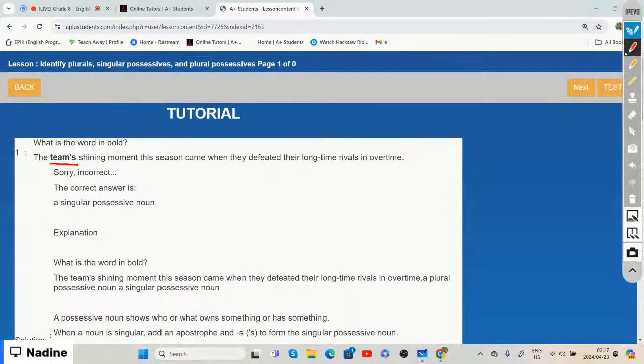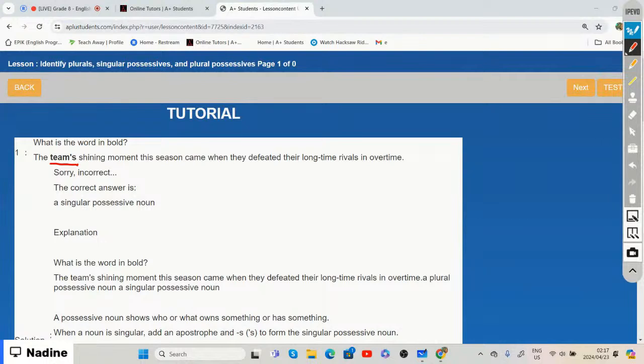To the word in bold, it says, the team's shining moment this season came when they defeated their longtime rivals in overtime. So the team's shining moment. So we need to say the word team's with an apostrophe and s.